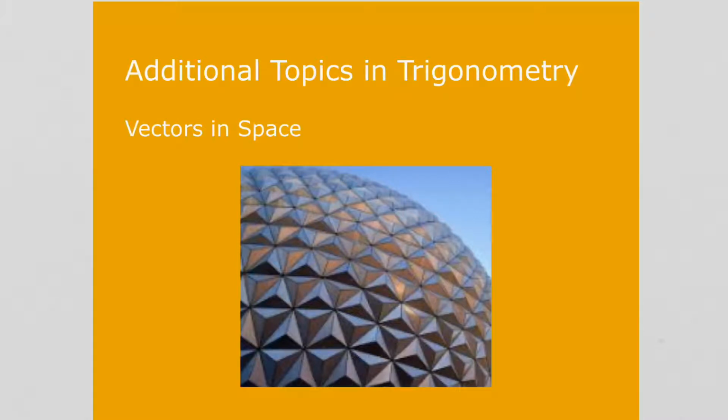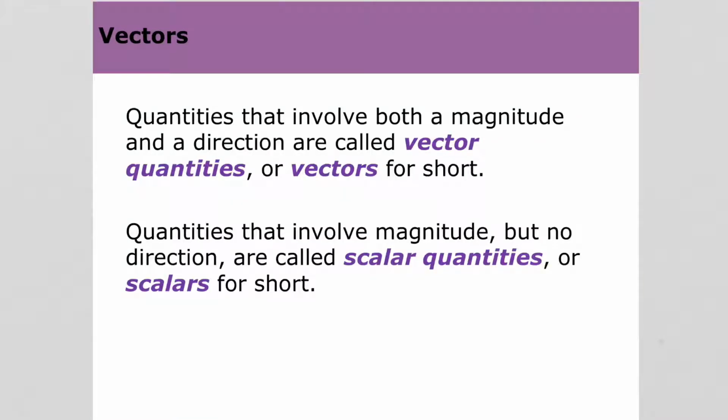This section begins our chapter on vectors. Vectors are quantities that involve both a magnitude and a direction. If they involve a quantity but no direction, they're called scalar quantities or scalars.